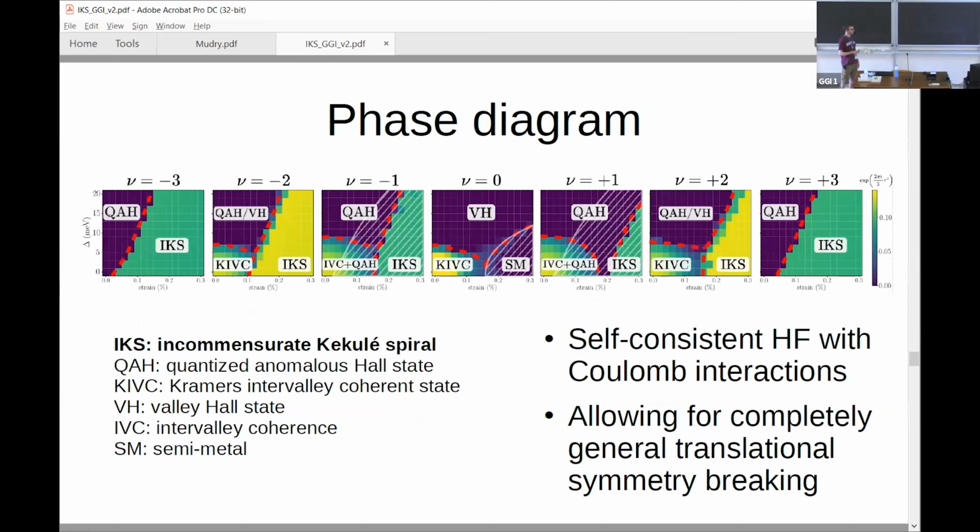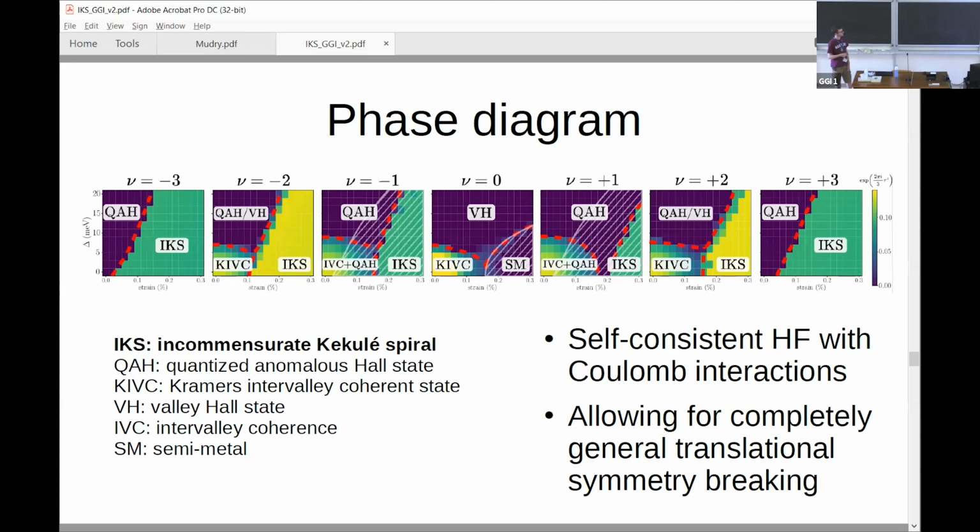And you can see that for small strains or zero strains, we find precisely these strong coupling phases I was presenting before. So we find the quantized anomalous Hall effect, we find the KIVC state, we find this IVC plus quantized anomalous Hall state. It's basically half of the KIVC, and the Valley Hall state as well. So these were all these strong coupling generalized ferromagnets.